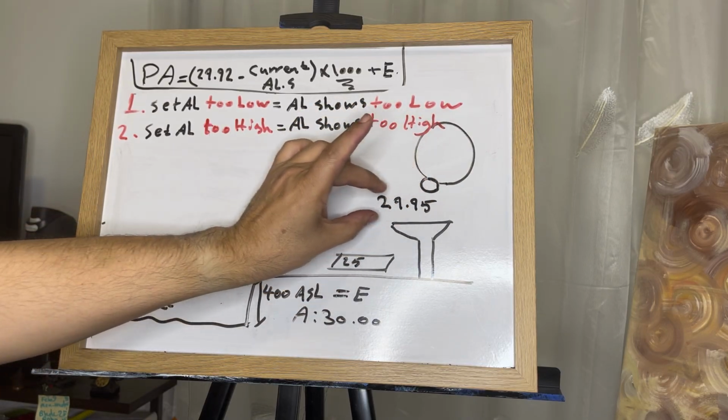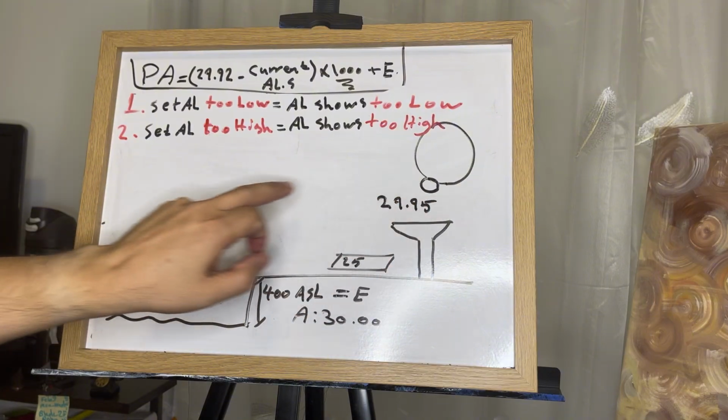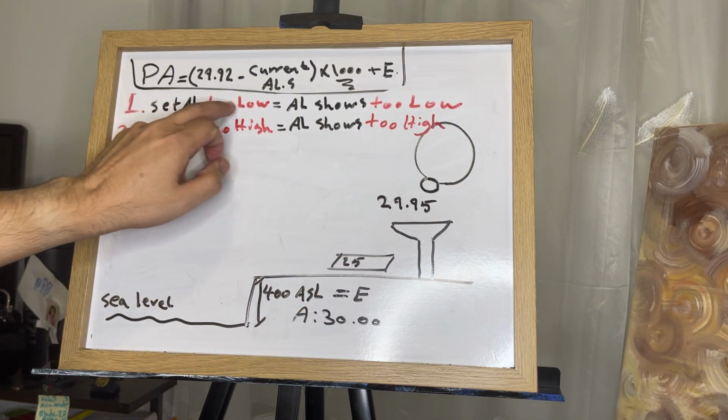So when you accidentally set the altimeter to the wrong number, in this station and this scenario, you set the altimeter too low.